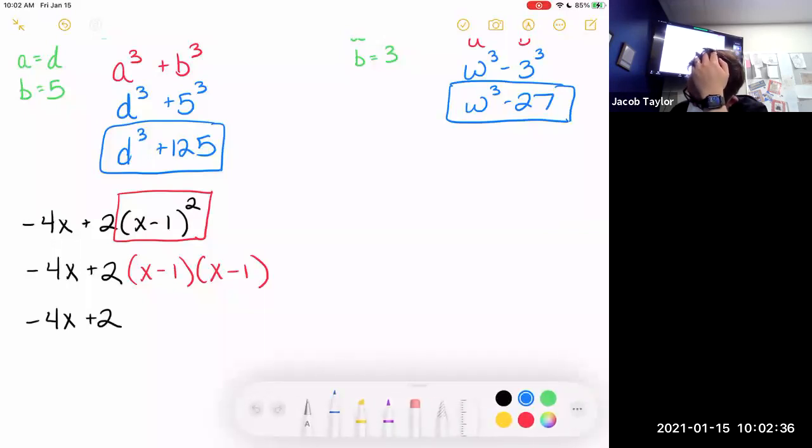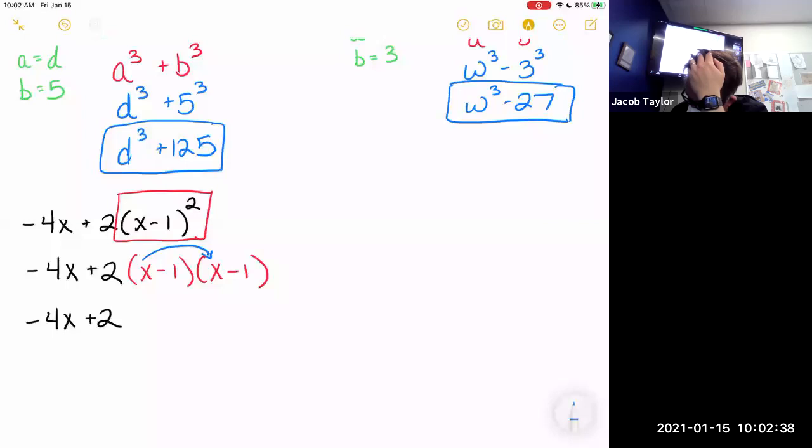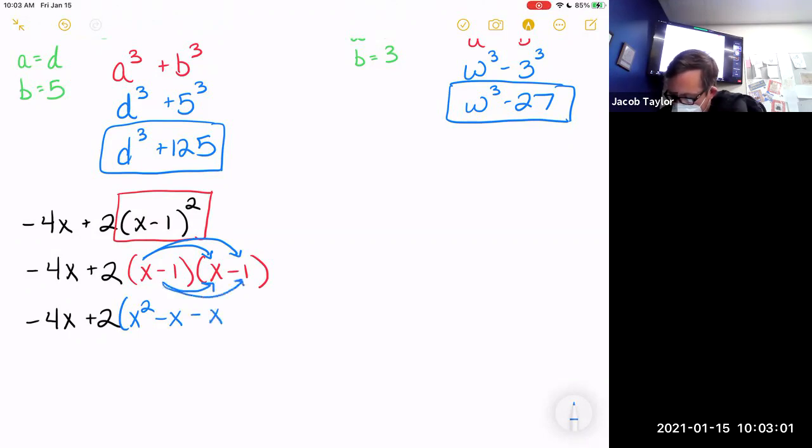So I'll have x multiplied by x, which is x squared. Then I'll do x multiplied by -1, which is -x. Then I'll distribute the second thing. I distributed the x to both things in the second set of parentheses. Now I'll distribute the -1. So -1 times x is -1x. -1 times -1 is positive.